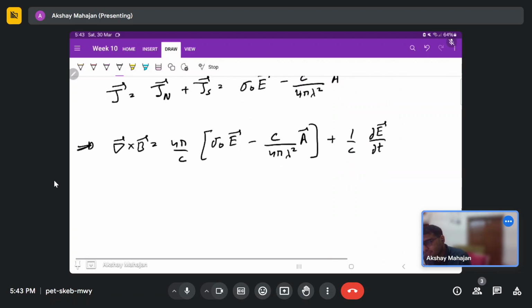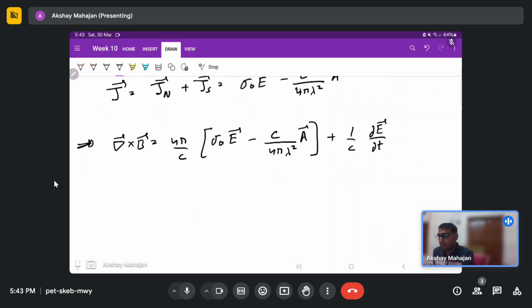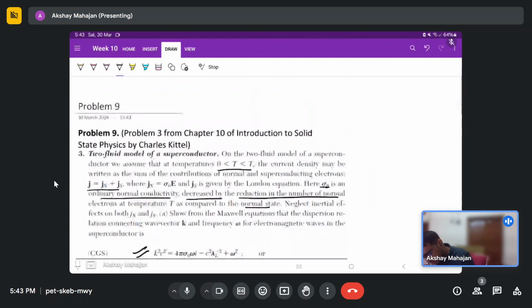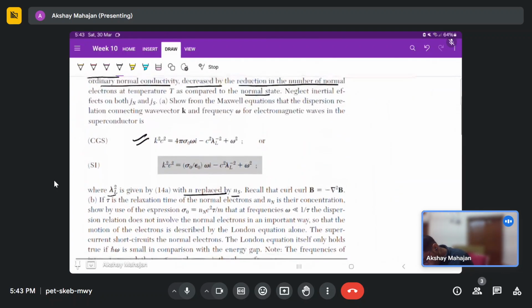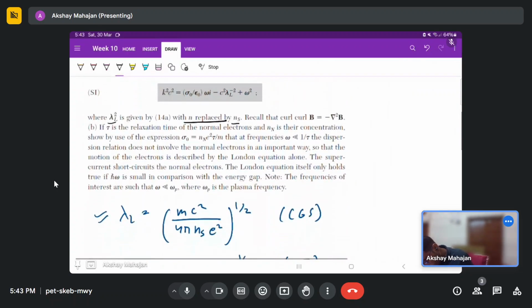Alright, so this is what we have, and then what we have to use is the curl of B, which is given here.